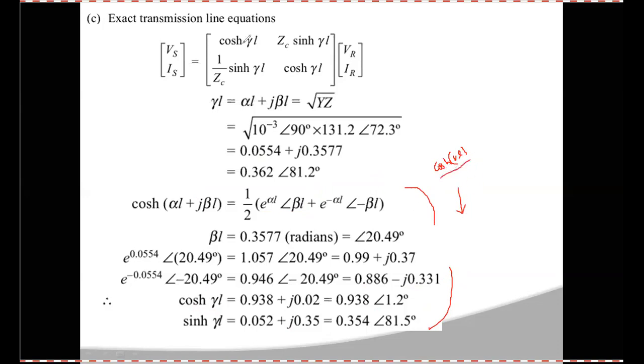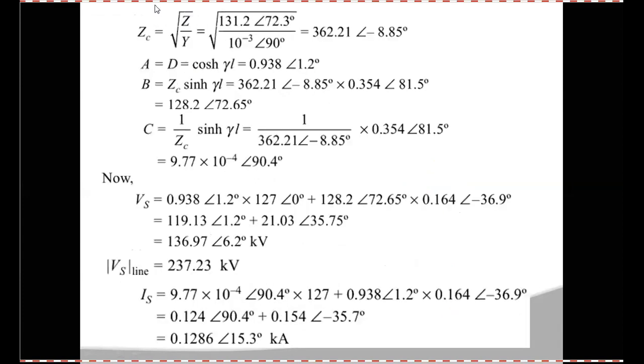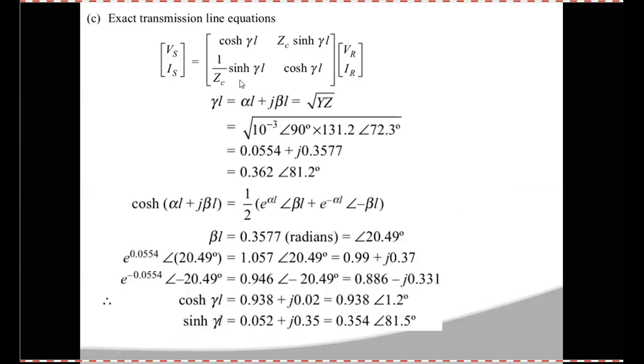Okay, now after getting cosh gamma L and sinh gamma L, you can determine the ABCD parameters. Once you get the ABCD parameters, you can calculate the Vs and Is also, right? So now in the ABCD parameters, you will have C as 1 by ZC sinh gamma L and B as ZC into sinh gamma L. Let us see what ZC is here.